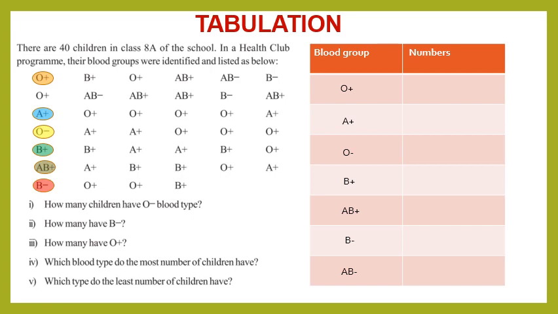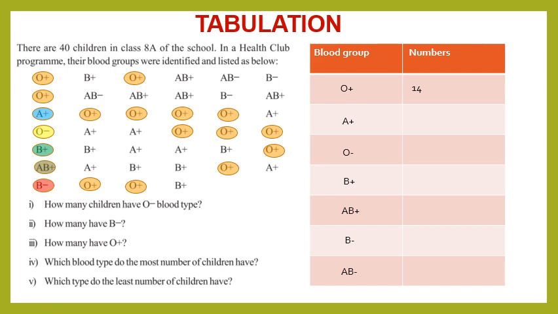How many O positive blood group children are there? Count 1, 2, 3, 4, 5, 6, 7, 8, 9, 10, 11, 12, 13, 14. Then write 14 in the same row of the O positive blood group in the next column like this.